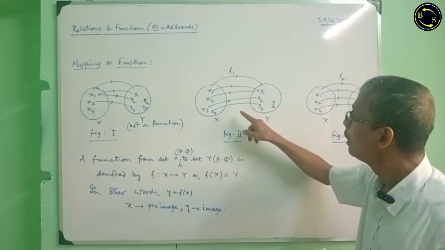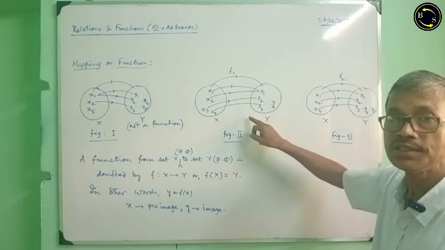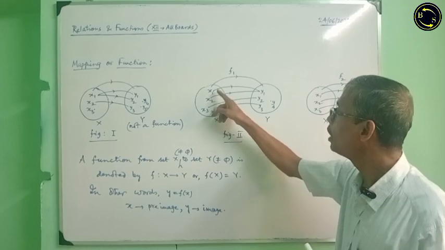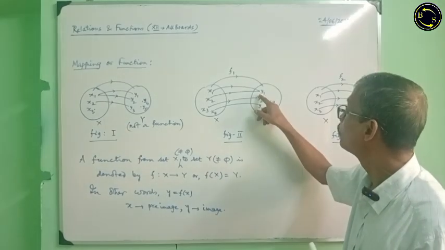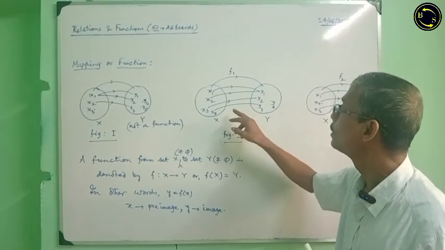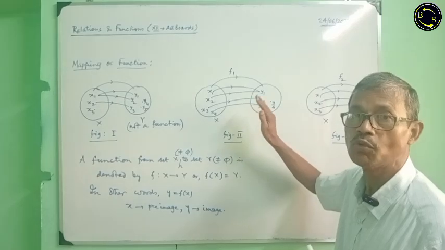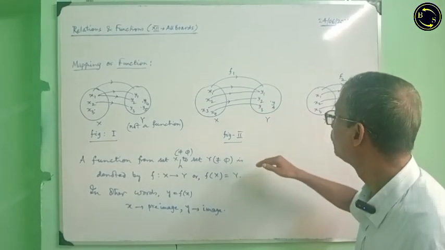Therefore, according to the definition of function, f1 is a function. But as more than one element is connected to an element of set Y, this is called many to one function. Many to one function, I shall discuss later.